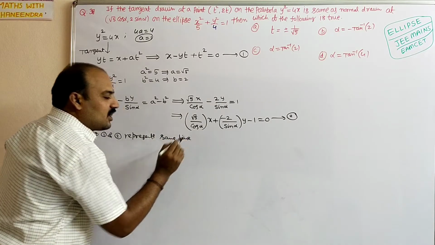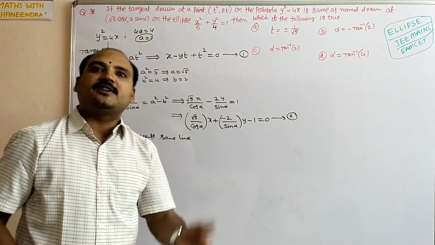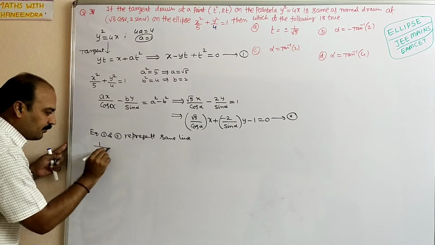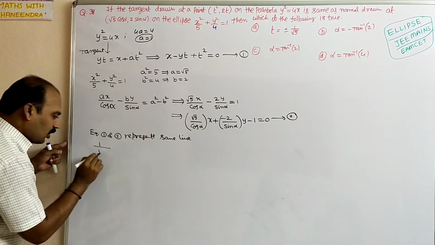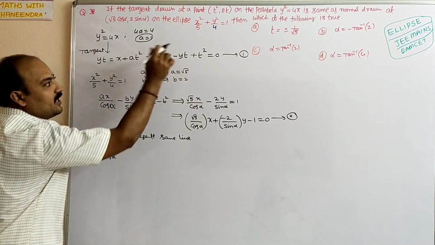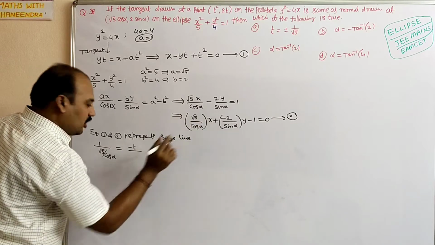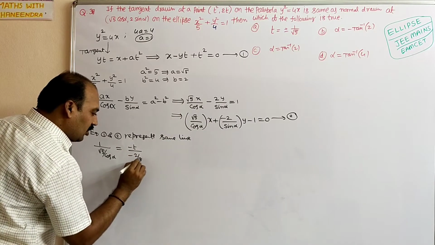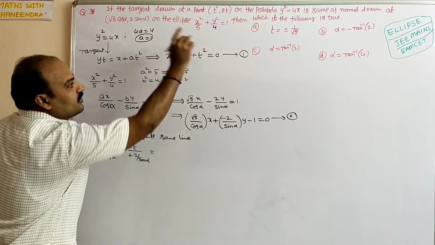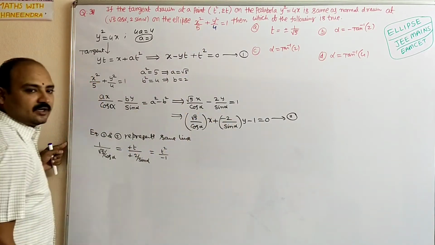Whenever two lines represent the same line, their x coefficients, y coefficients and constants are proportional. Here the x coefficient is 1, and there it is root 5 by cos alpha, which is equal to the y coefficient minus t divided by minus 2 by sin alpha, where the minus signs cancel, equal to the constant t square divided by minus 1.